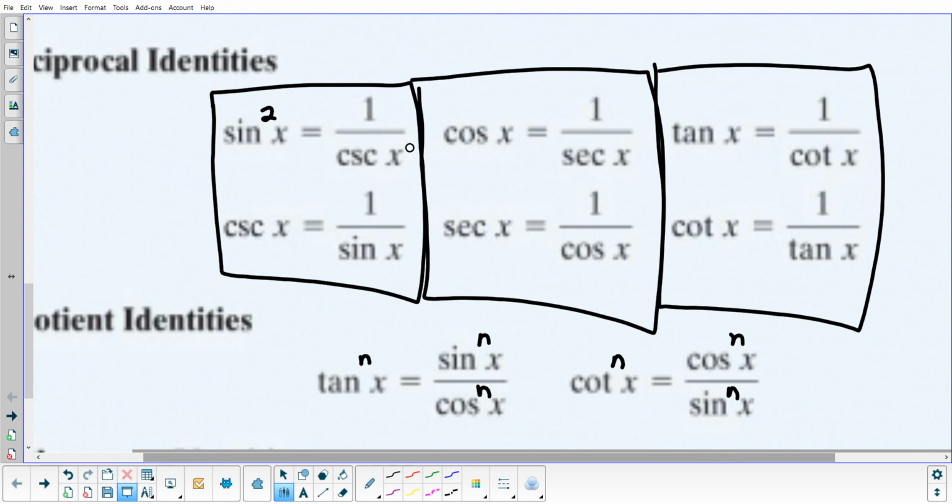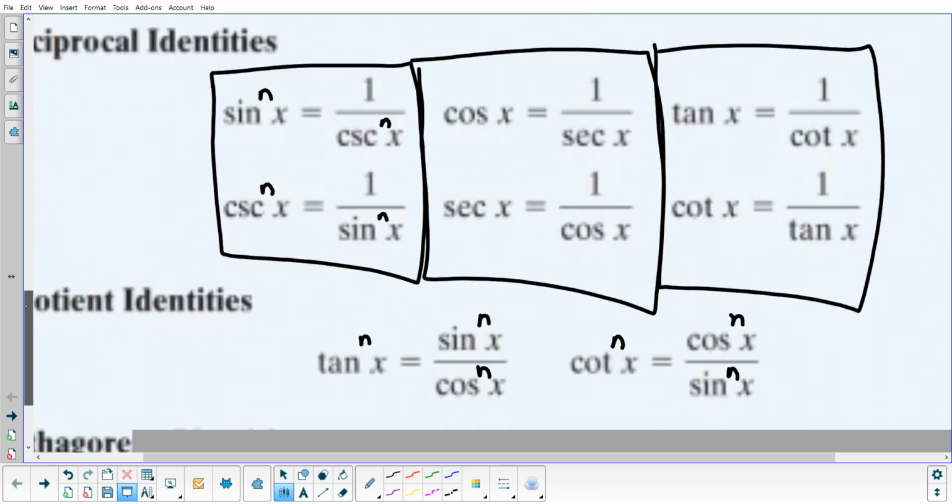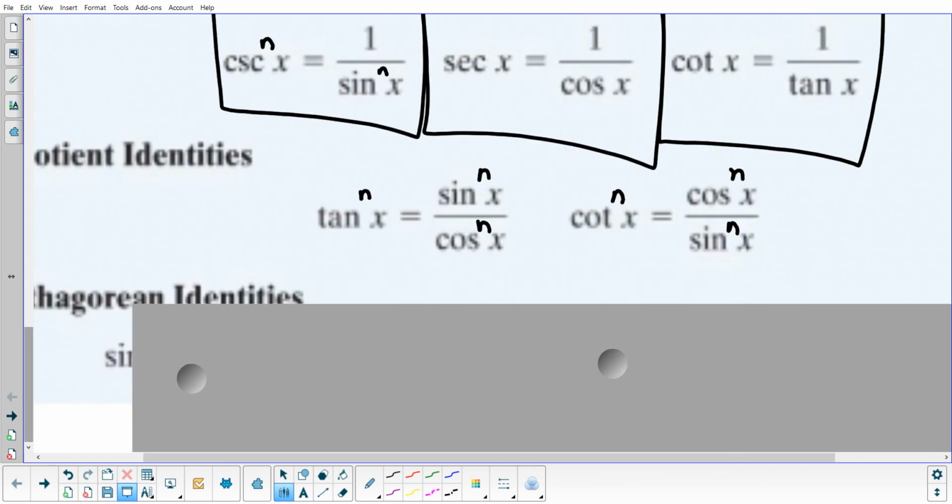So if you want to fill in an n, you can. I'm not going to do it on every one of them, but these identities work with higher powers. If you flip sine to the n, you get cosecant to the n. So those are reciprocal and quotient.